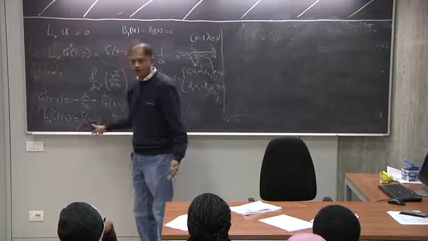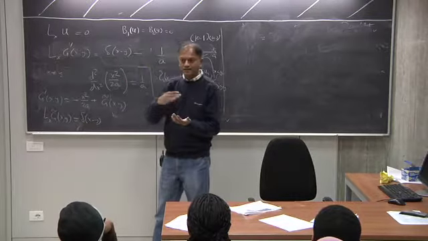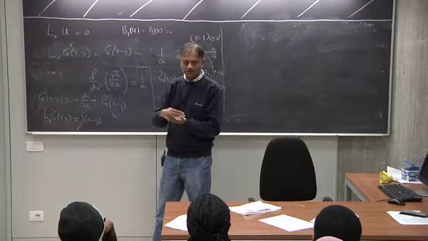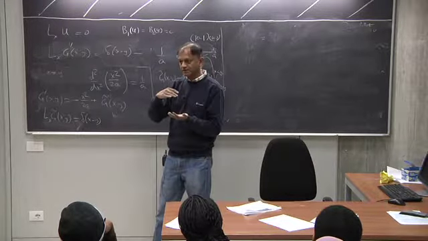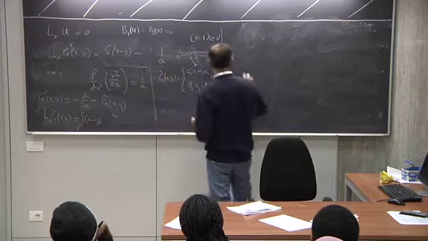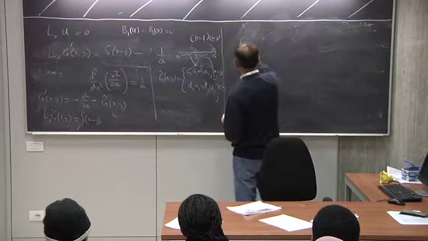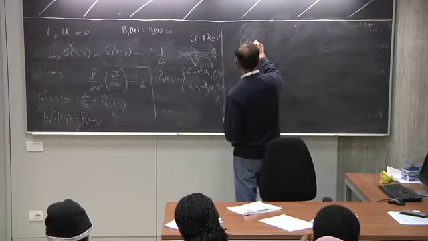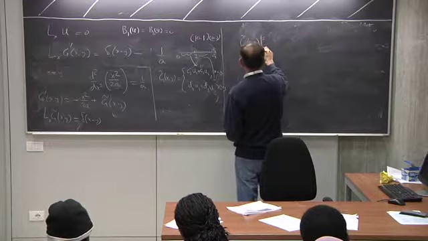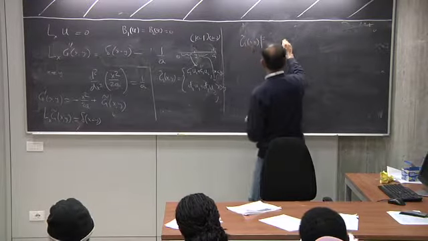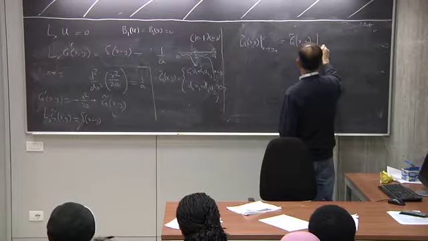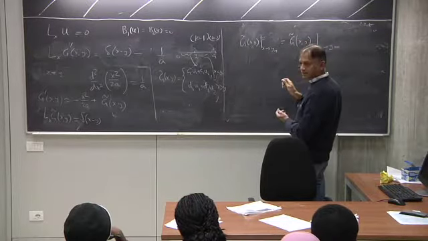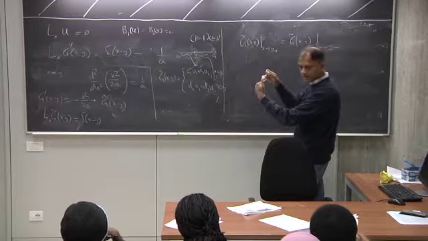From this equation we found that it must satisfy a continuity and discontinuity condition: continuity for the function itself and discontinuity for the first derivative. So we are saying that G tilde of xy as x goes to y plus should be the same as G tilde of xy as x goes to y minus. From the left or the right as you come, it should be the same value.